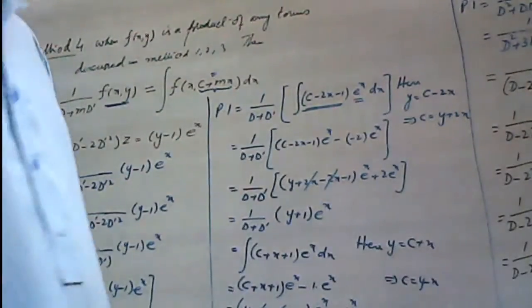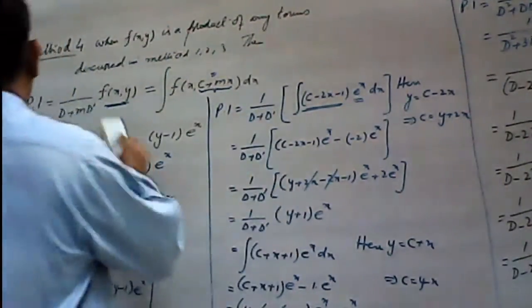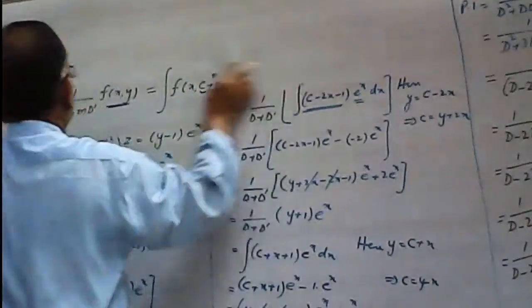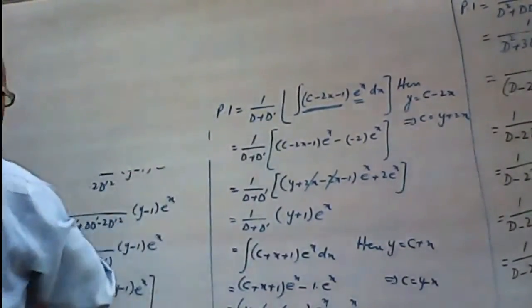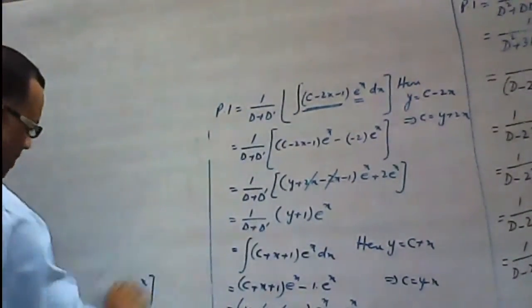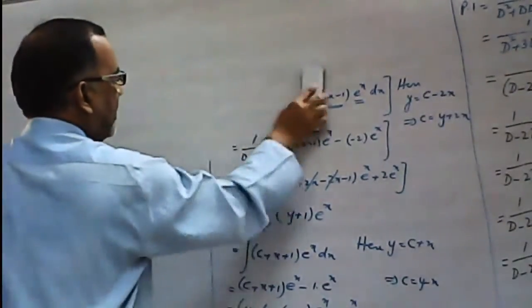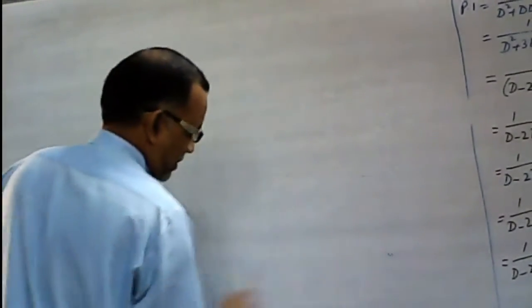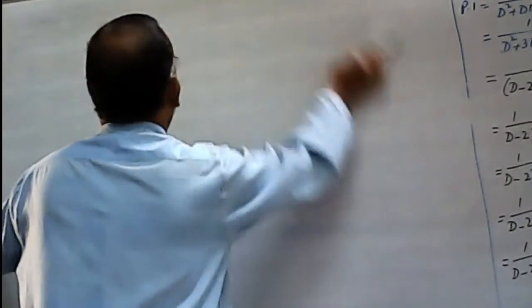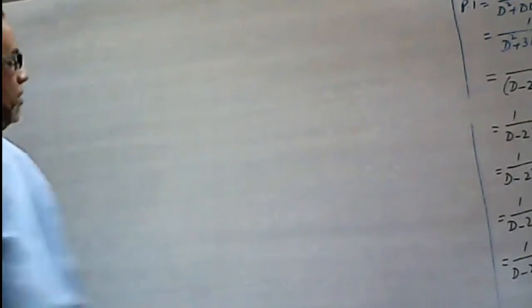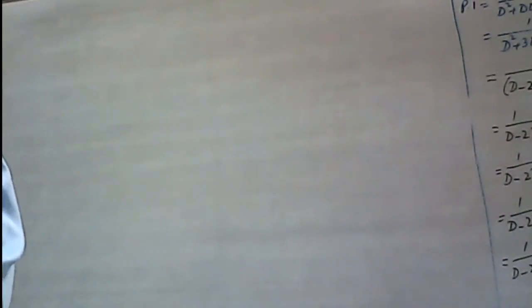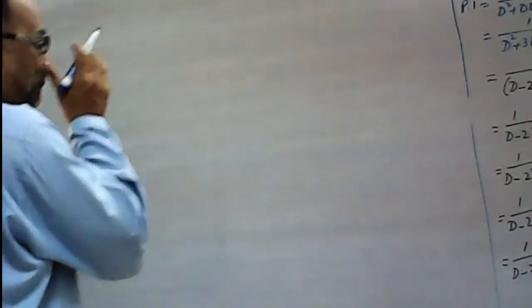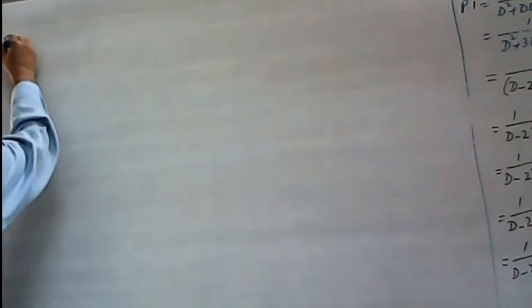Let me consider one more example for this method, because this method is different from any other method. So let me consider another product. Example number 3.